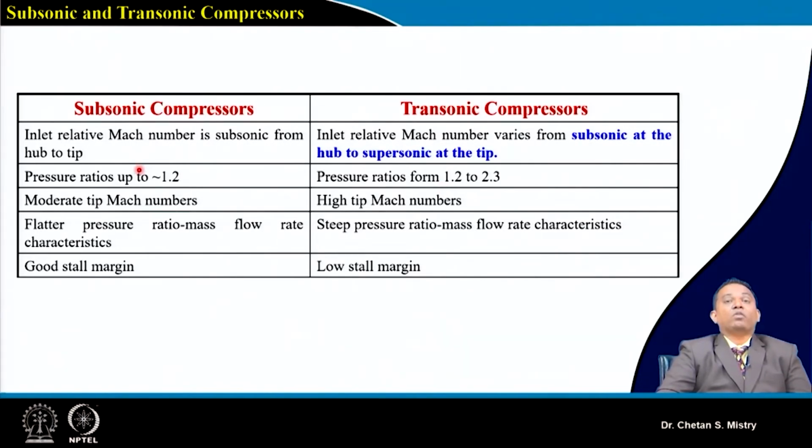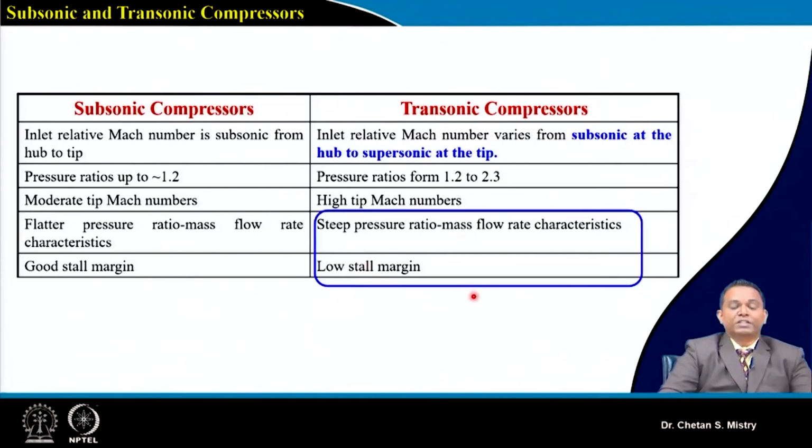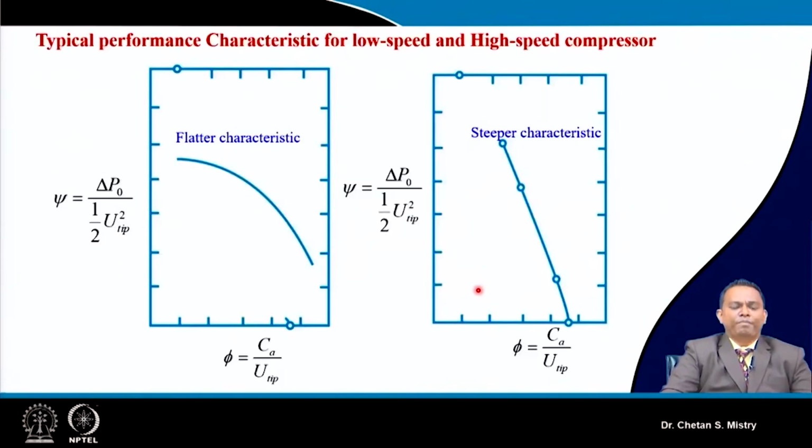We have a good stall margin for the subsonic compressor, and the stall margin for the transonic compressor is coming to be lower. So our major interest is to understand what we mean by a steeper operating characteristic and low stall margin.